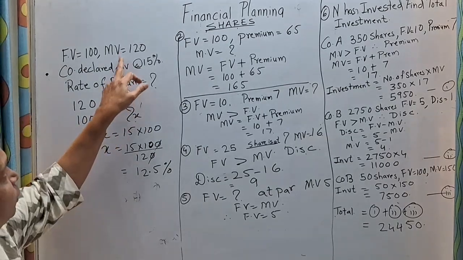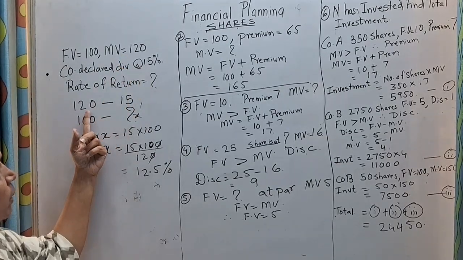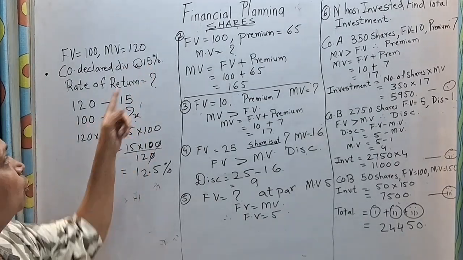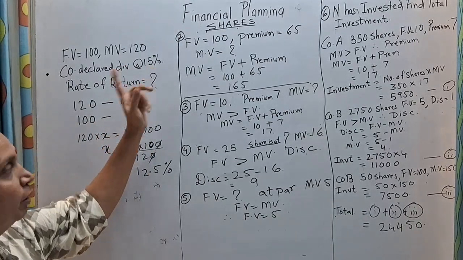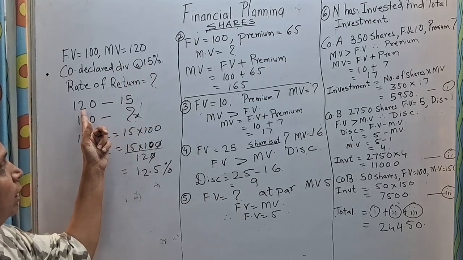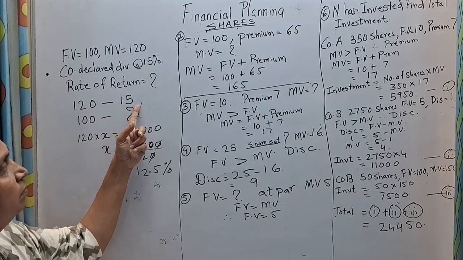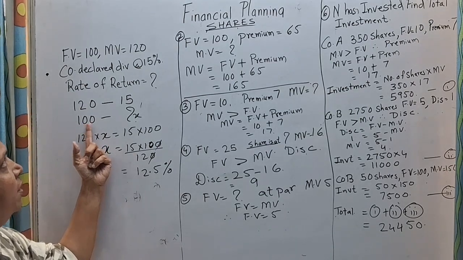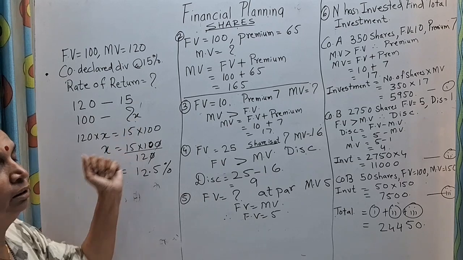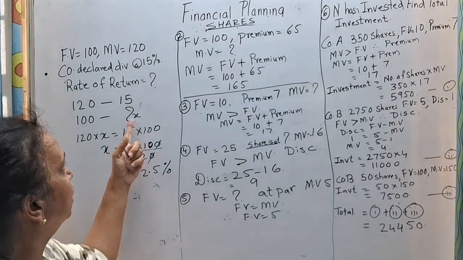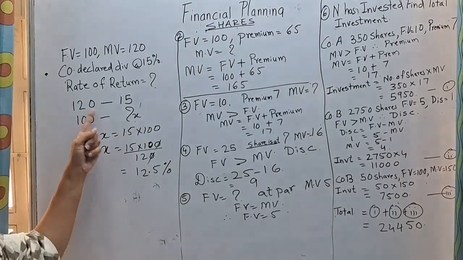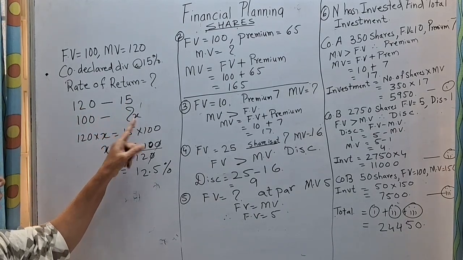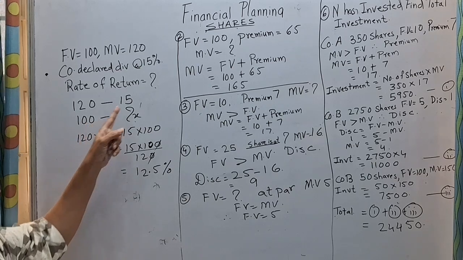So for example, if you see market value is here 120 and that time the company has declared 15%. So 15% means out of 100. So when it is market value is 120, the dividend is 15. So suppose if the market value is 100, then what will be the rate of return? So let it be X. So we are just doing cross multiplication. That is 120 into question mark, that is X, is equal to 15 into 100.